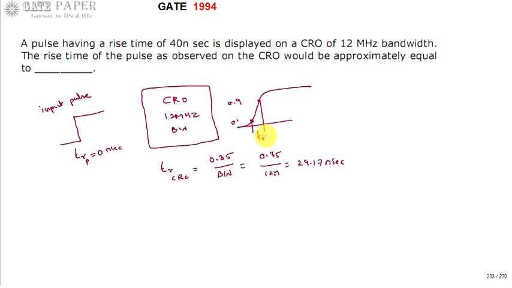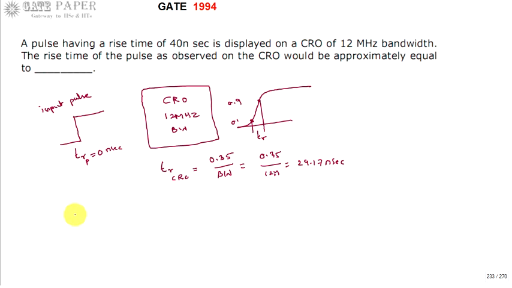So if you are applying a zero rise time input pulse at the input of the CRO, it will be displayed with a rise time of 29.17 nanoseconds on the output. In the question, it is given that the input pulse itself has a rise time of 40 nanoseconds and the CRO inherently has 29.17 nanoseconds, so the output of the CRO is going to be affected by both rise times.